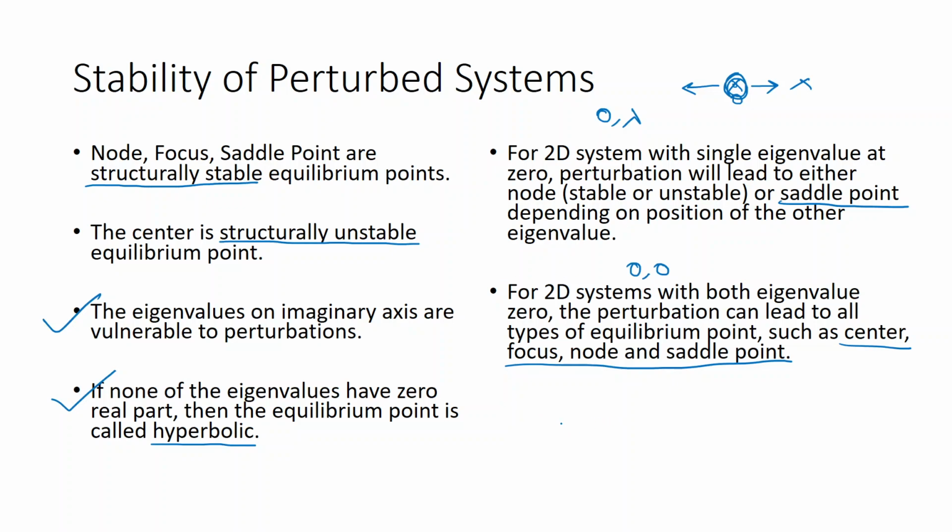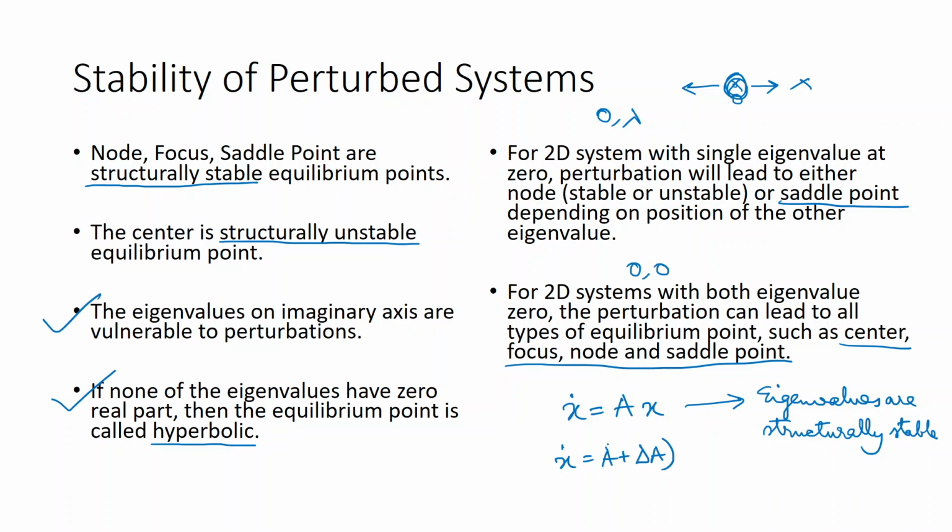If we have an n-dimensional system like this, and we know that the eigenvalues are structurally stable, then the perturbed system x dot equals A plus delta A times x will also exhibit a similar nature of eigenvalues, because they are structurally stable.